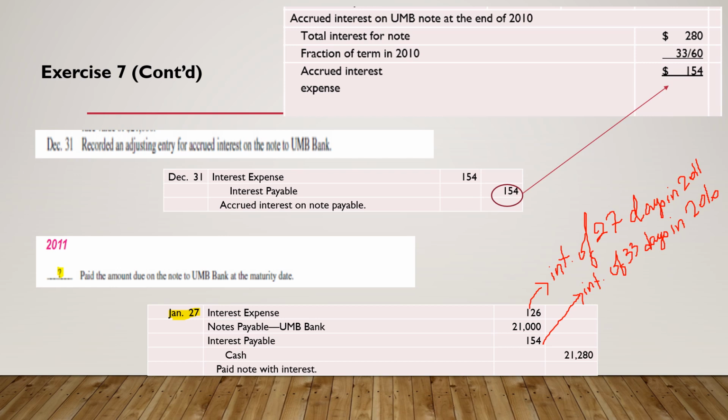So this 280 is the whole interest: the 126 plus the 154, which gives us the 280.